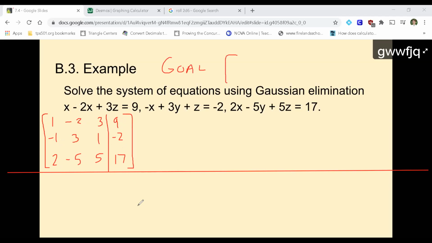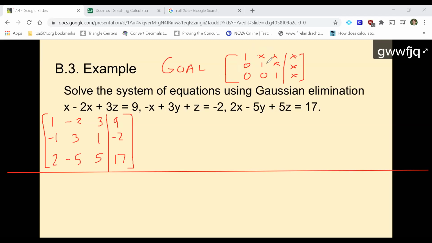All right, here's your goal. Your goal is to transform this so it looks like this. Where these x's are all different numbers. They're not all x, but this is what I care about. I want there to be ones along the diagonal and zeros in the bottom left corner.